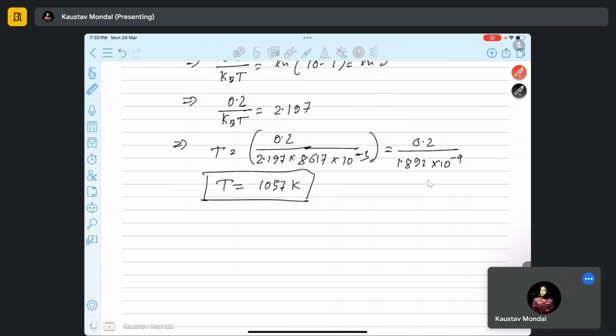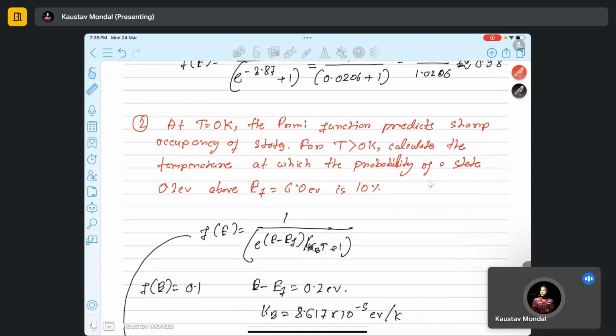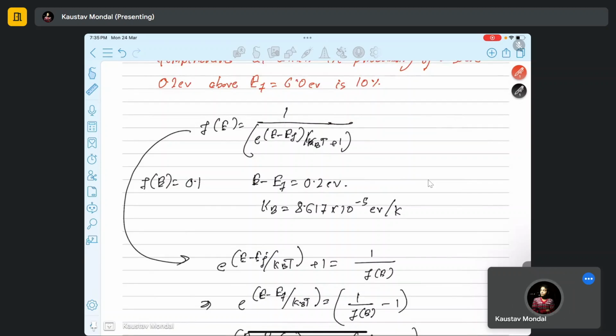Now I've done the second problem. This is not that difficult a problem.